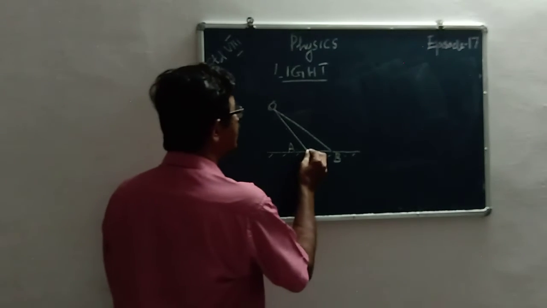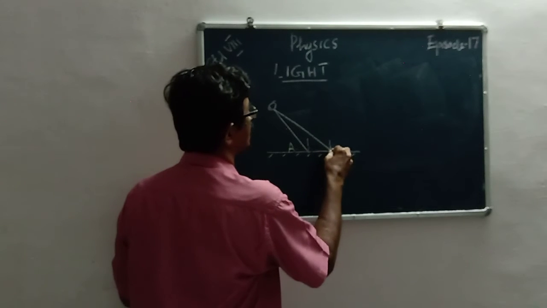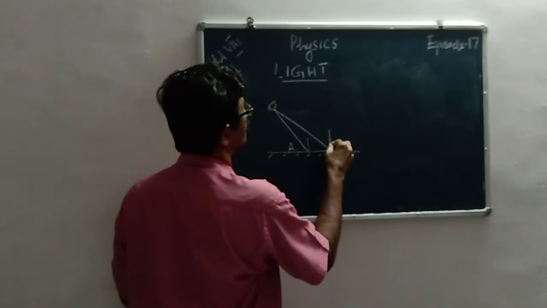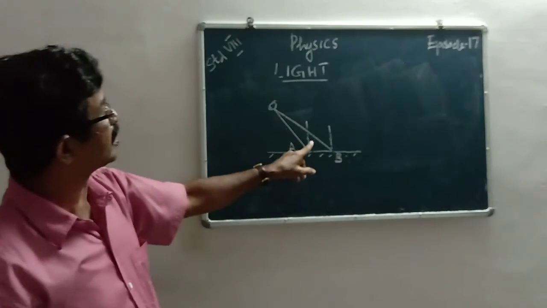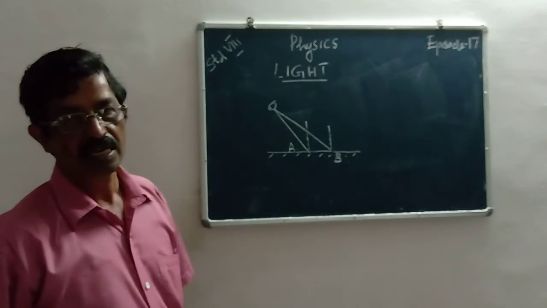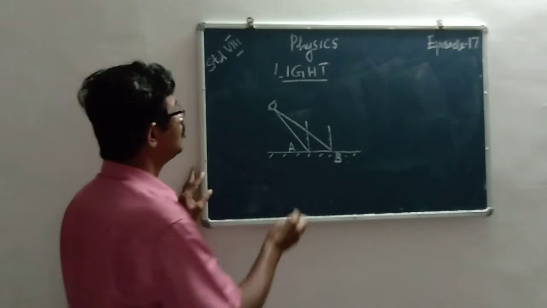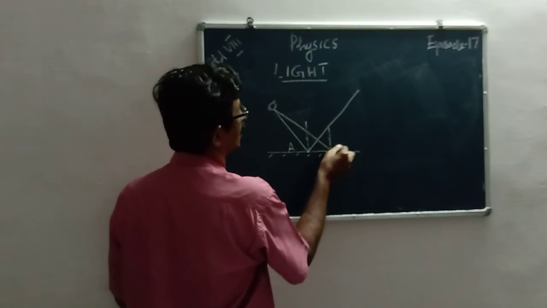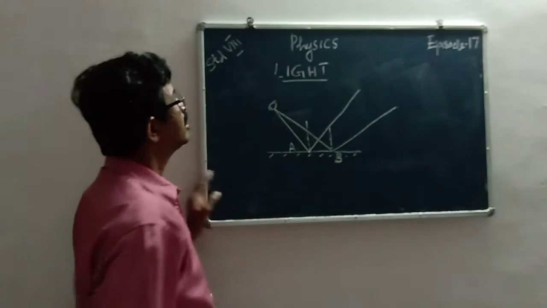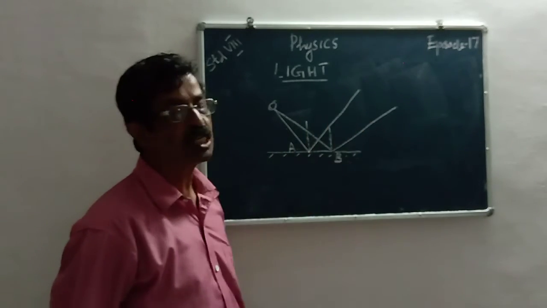To find the reflection, we can draw normals at these points. We know the angle of incidence and angle of reflection must be equal. Now draw the reflected rays. Are these two reflected rays meeting?